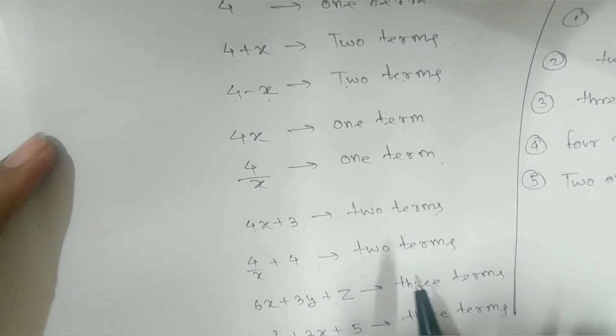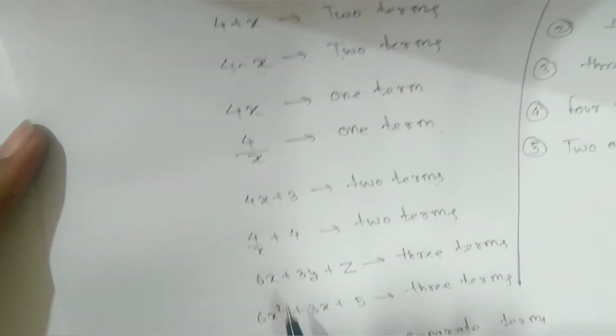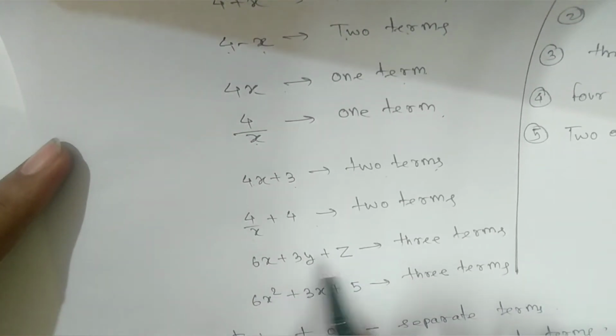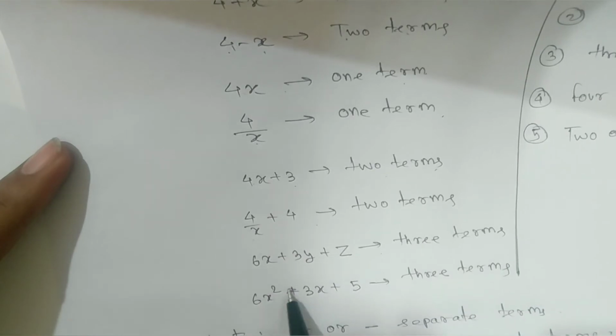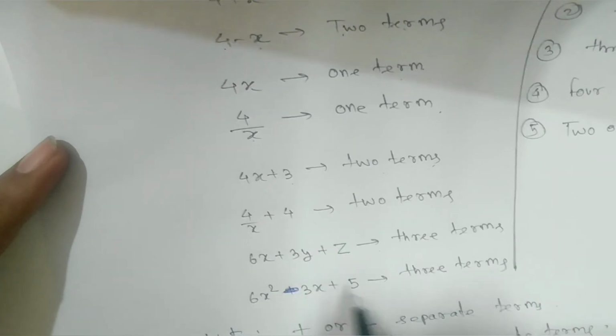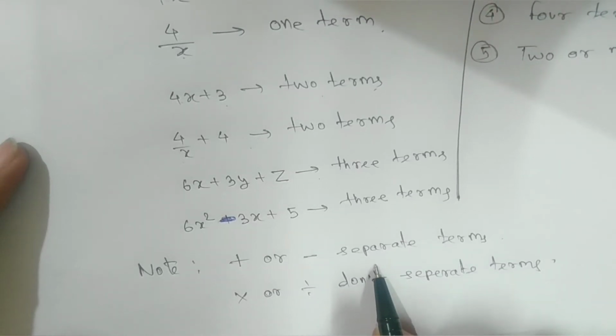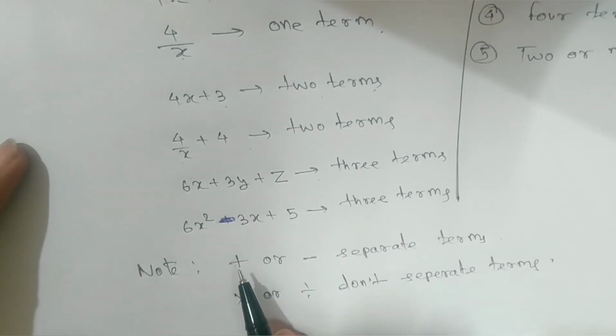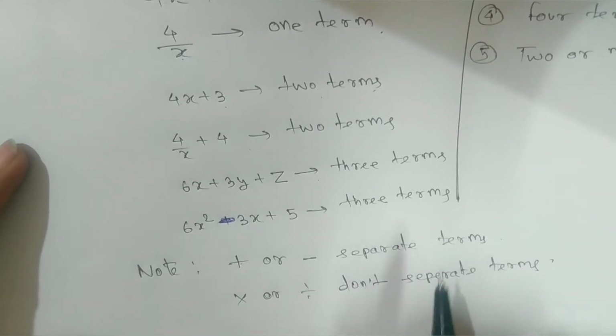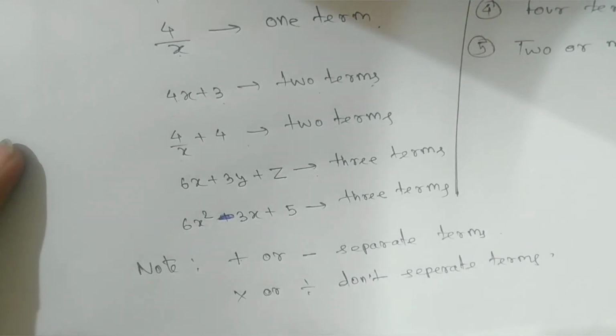Then with three parts separated by plus, there are 3 terms. It may be minus also, no problem, there are 3 terms. So the note is that minus and plus separate terms, but multiply and divide symbols do not separate terms.